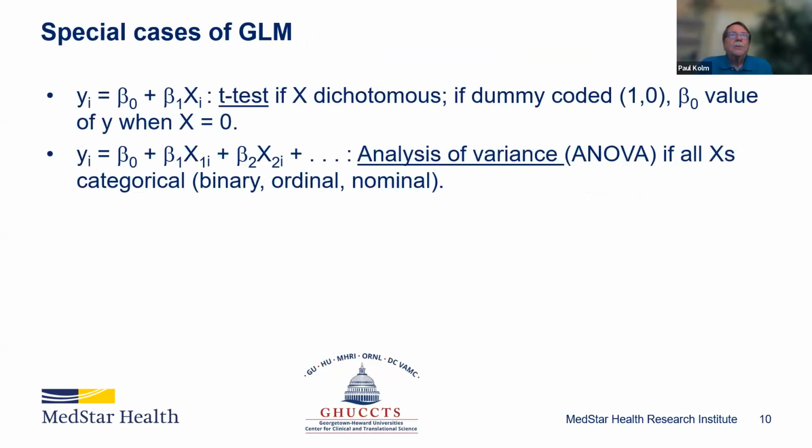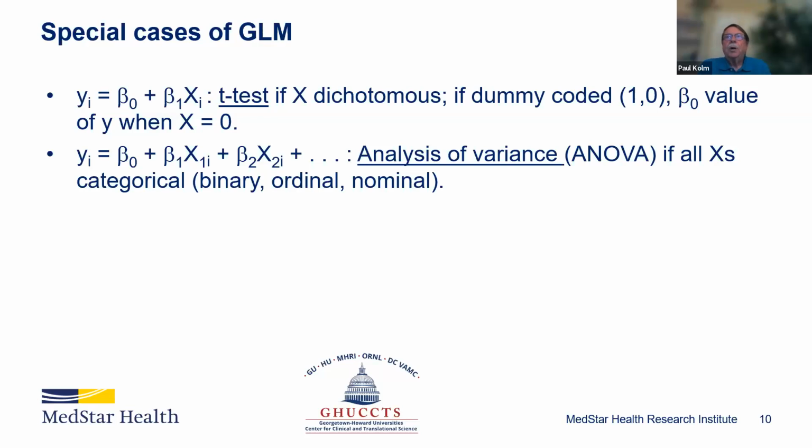So there's a couple of special cases of the general linear model. If we have one independent variable, and that independent variable is dichotomous, then we have just a simple t-test. And typically when we do that, we do what we call dummy code.